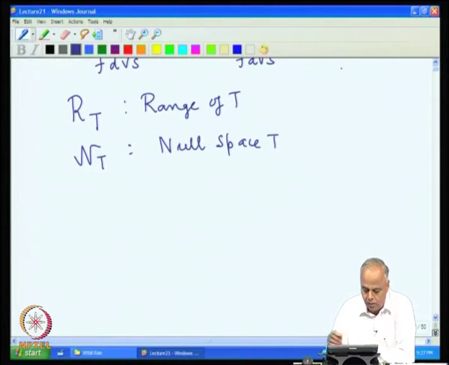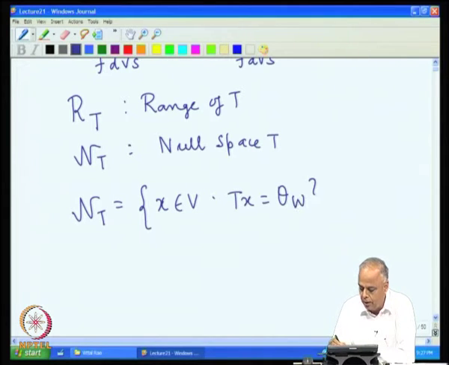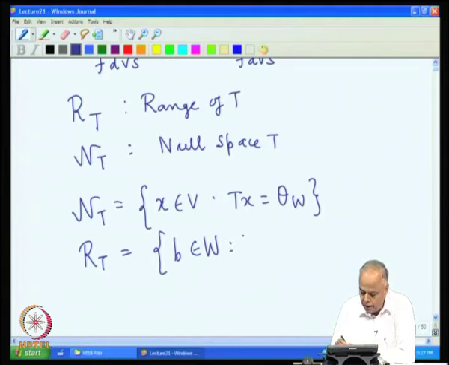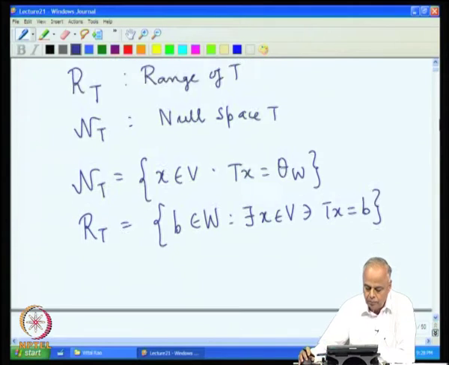If you recall, we defined N of T to be all those vectors in V which get mapped to the 0 vector in W, and the range of T was all those vectors b in W for which we can find a pre-image in V such that T maps the pre-image to b.